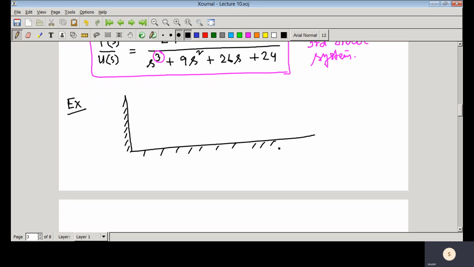We assume that this is frictionless, and we have two masses here, mass 1 and mass 2. Mass 1 and mass 2 are connected via a linear spring, and here the displacement is x1, displacement is x2, and here one damper is connected.